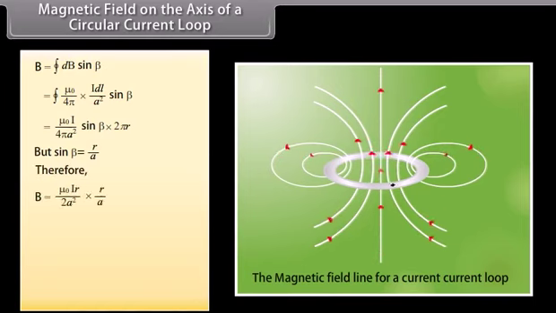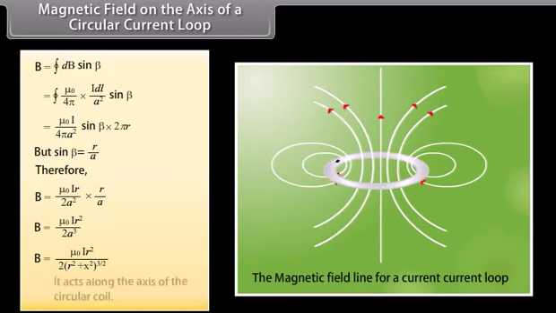Therefore, total magnetic field at P is equal to mu naught I r square divided by 2a cube. We can also write this equation as mu naught I R square divided by 2 times R square plus X square within parentheses raised to the power 3 by 2. This magnetic field acts along the axis of the circular coil.